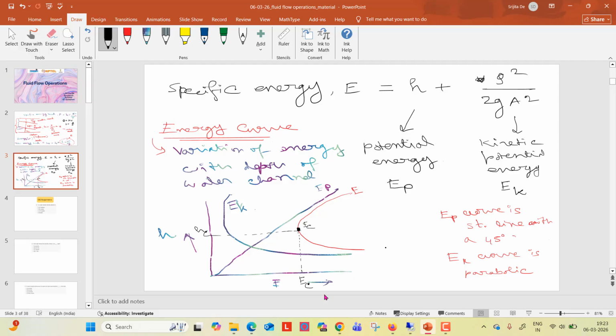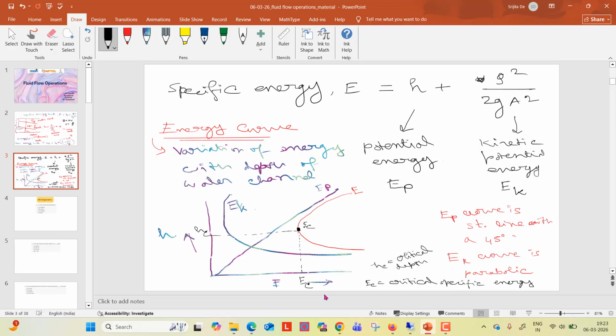So what are EC and HC? EC is the critical specific energy and HC is the critical depth, because this is the lowest point of this specific energy curve.